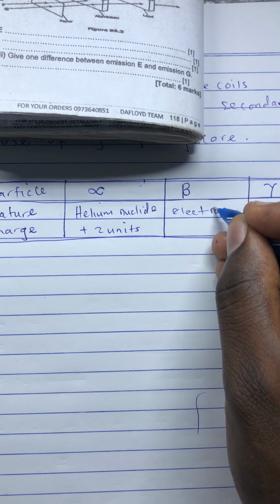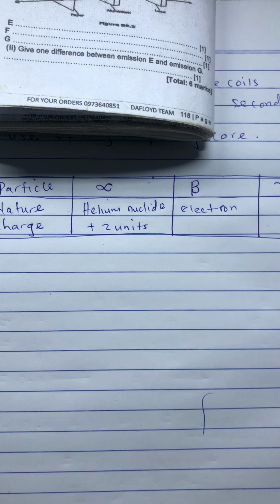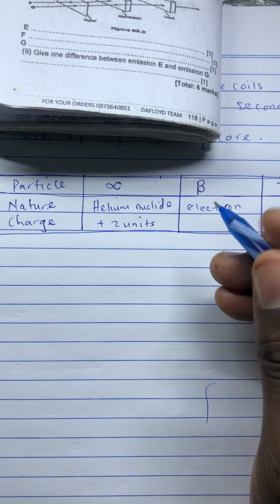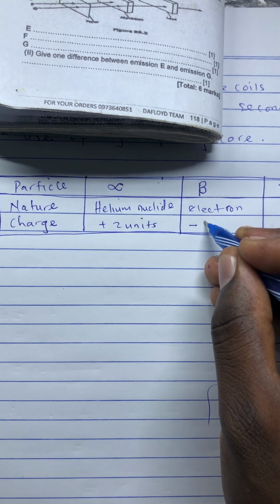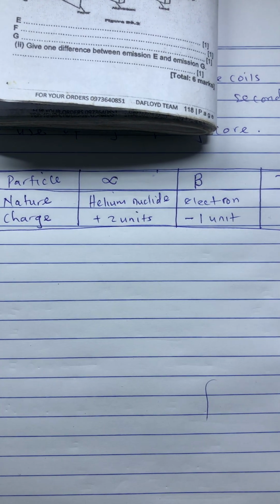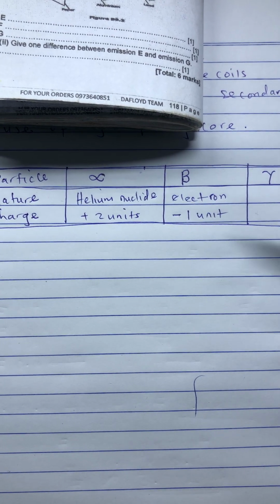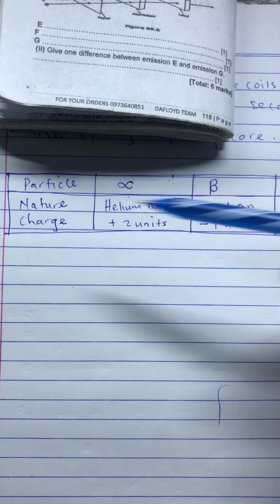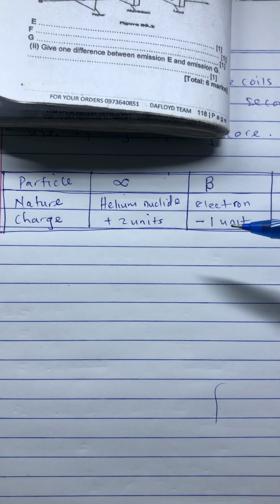So this one is known as an electron. What about the charge? Since this one is +2 units, this one is -1 unit. Okay, so we are done with this side. So we've actually described the nature of a B particle and the charge.